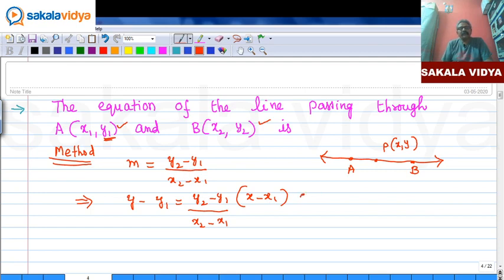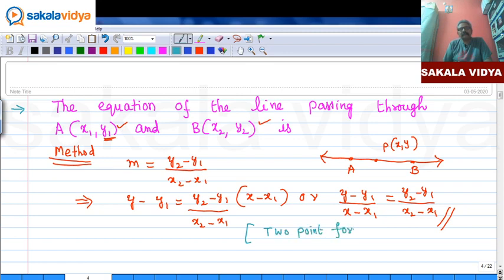Or you can remember it like this also, (y minus y1) by (x minus x1) is equal to (y2 minus y1) by (x2 minus x1). This is called two-point form.